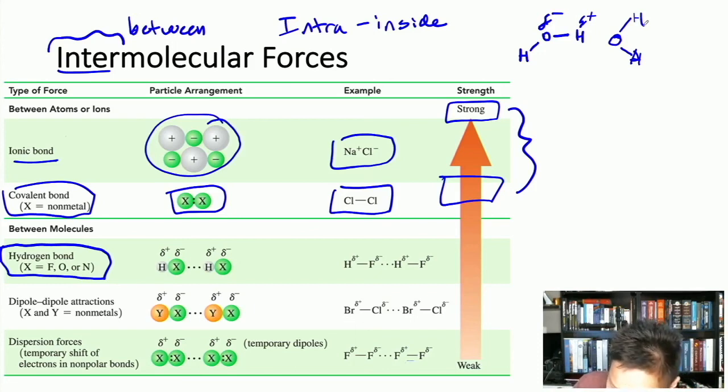Since we have a partially positive hydrogen there from the first water molecule, and the second water molecule is composed of the same exact thing, we have a partially negative oxygen there, right? And a partially positive hydrogen there. This partial positive hydrogen from the first one is attracted to the partial negative of the oxygen on the second water molecule, right? And this is known as a hydrogen bond.